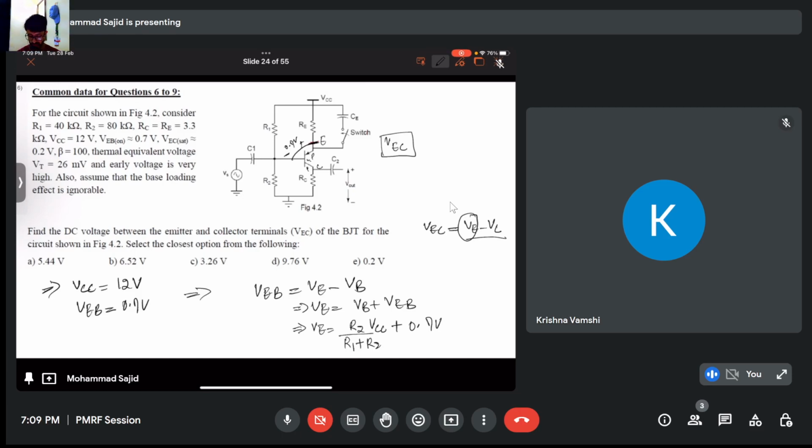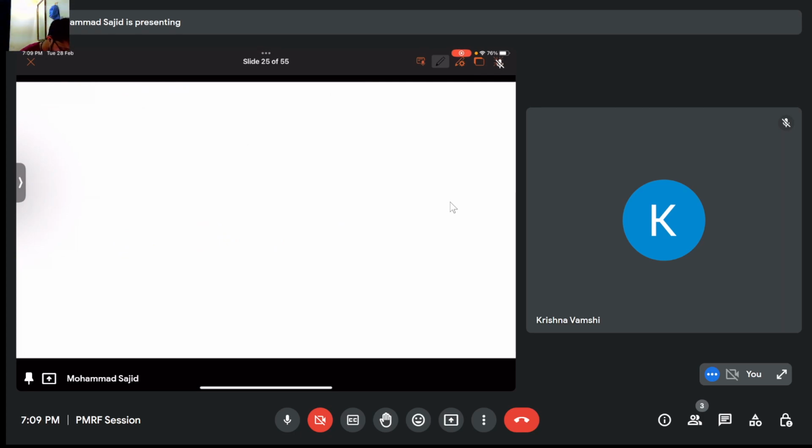These all values are given to us. Let's just calculate VE. R2 is given to us as 80k, R1 is 40k. So my VE voltage will be equivalent to 80k divided by 80k plus 40k into 12 plus 0.7, right?